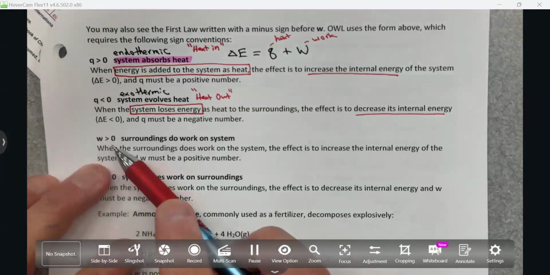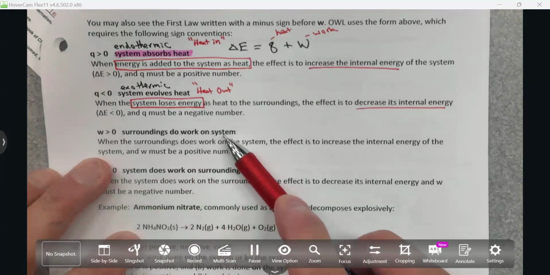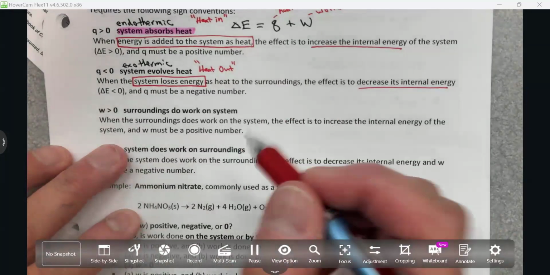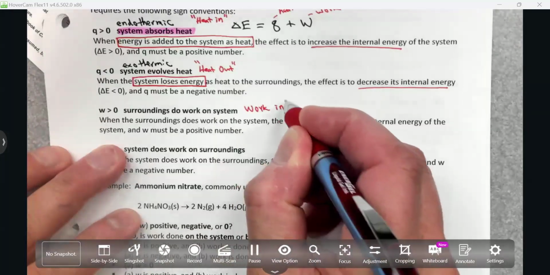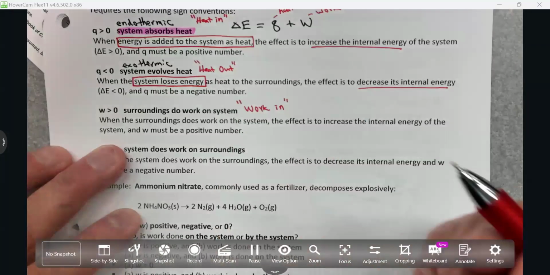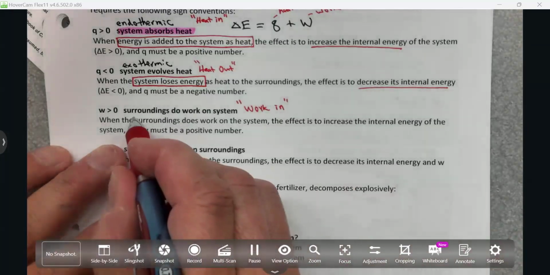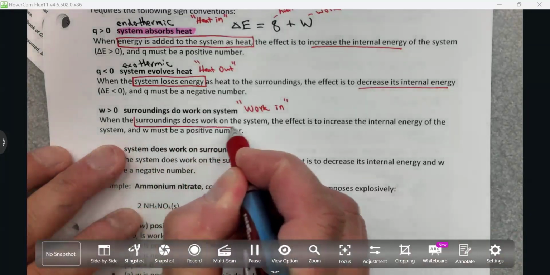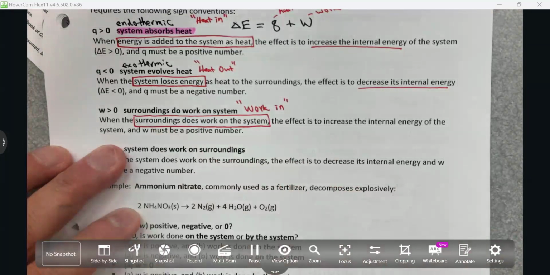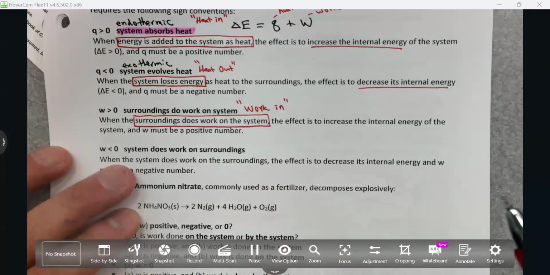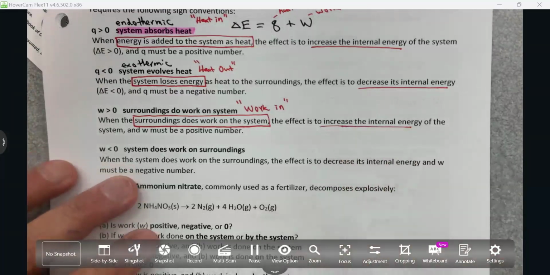Work is greater than 0 if the surroundings do work on the system. So think of this as work in. And that is going to increase internal energy of the system.